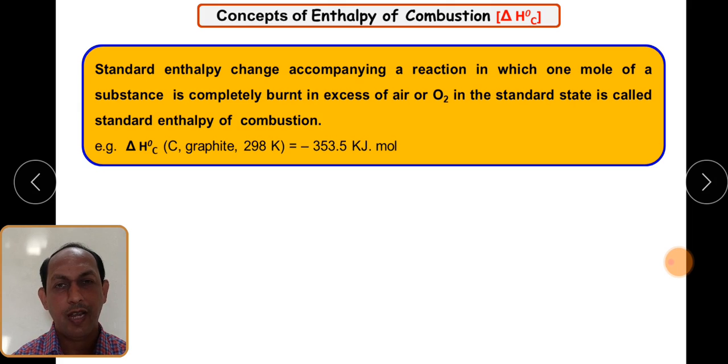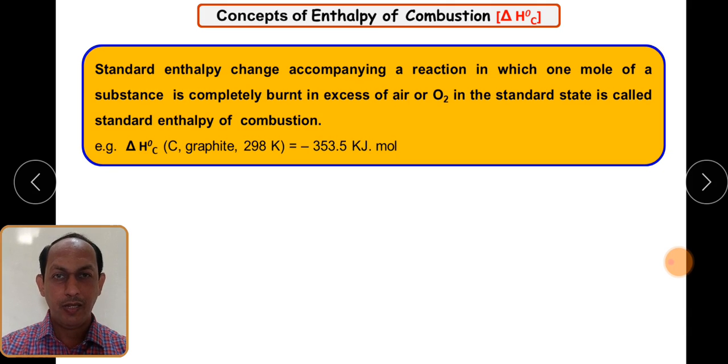In the last session we have seen the concept of standard state. What is meant by standard state? It is a concept given by the IUPAC system, based upon which we have to follow the standard conditions. In terms of parameters, the temperature must be 298 Kelvin, that is 25 degrees Celsius, and the pressure must be 1 bar. These are the standard states.